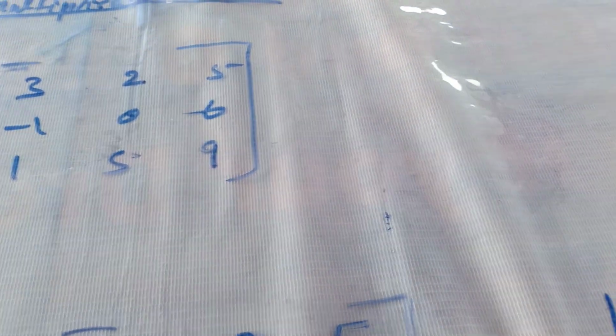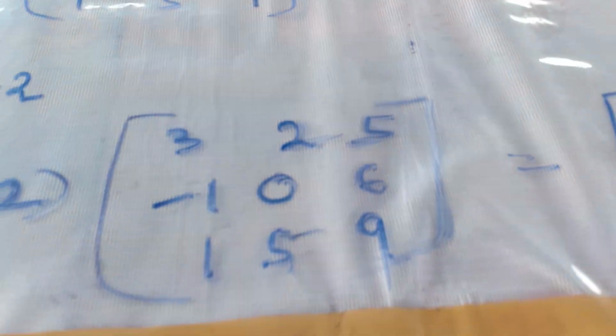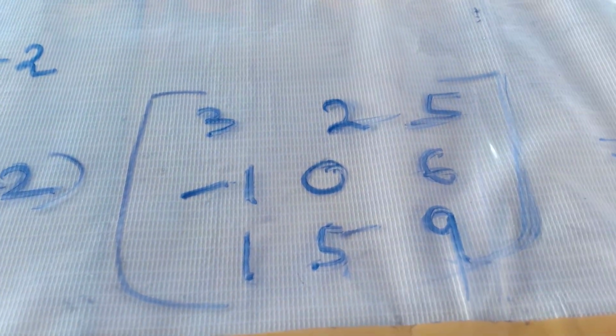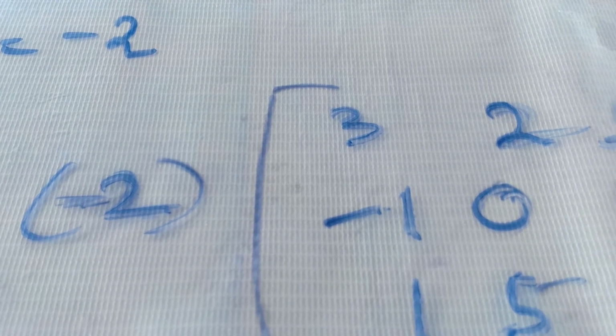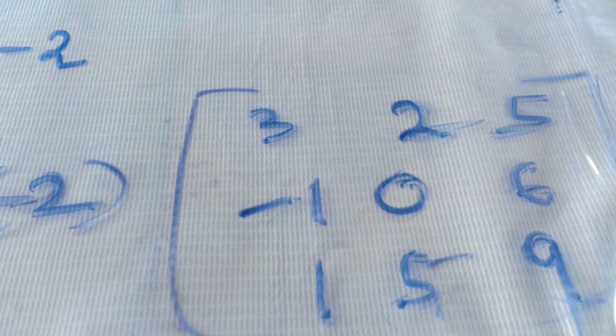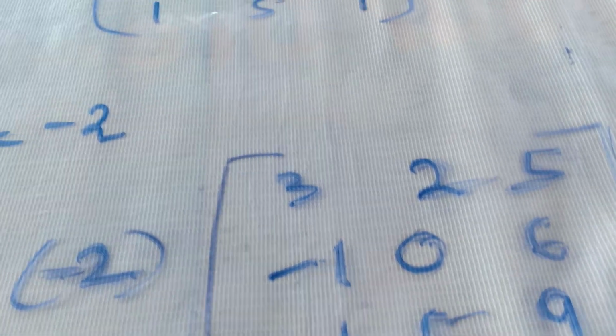The answer will be like this. Each element of the matrix will be multiplied by minus 2. I mean to say, each element of the matrix will be multiplied with minus 2.